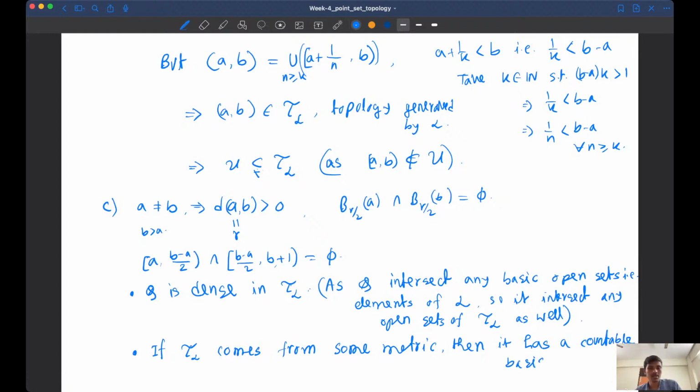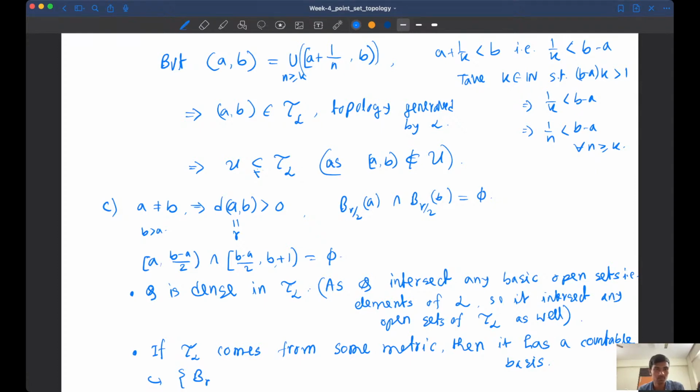Okay, so that again comes from this: Q is dense, and on a metric space you have that. So how do you produce that thing? You consider the set of all balls of rational radius around the rational points.